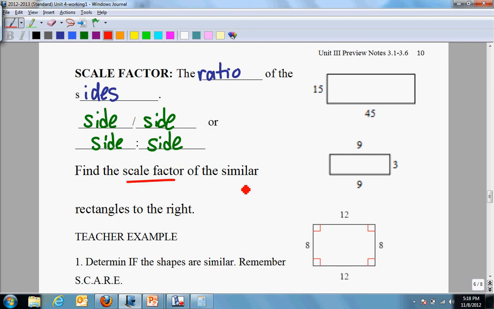So here we're going to find the scale factor of the similar rectangles to the right. I like to go scale factor from smallest to greatest, just as a general rule. So I'm going to go from 3 to 15.